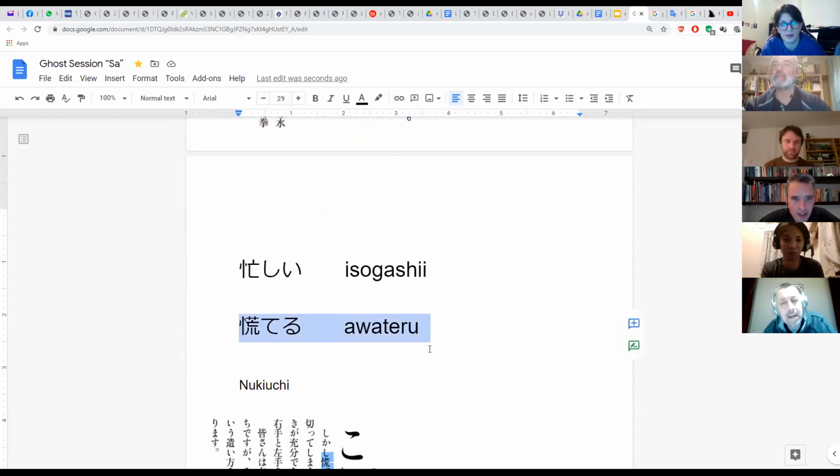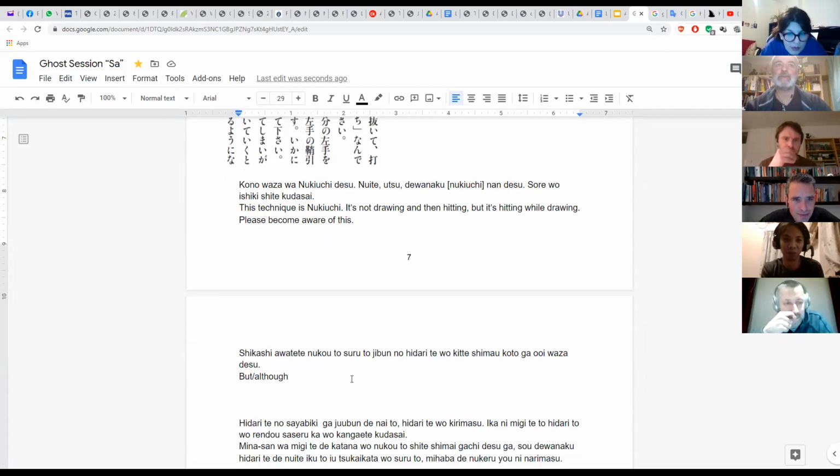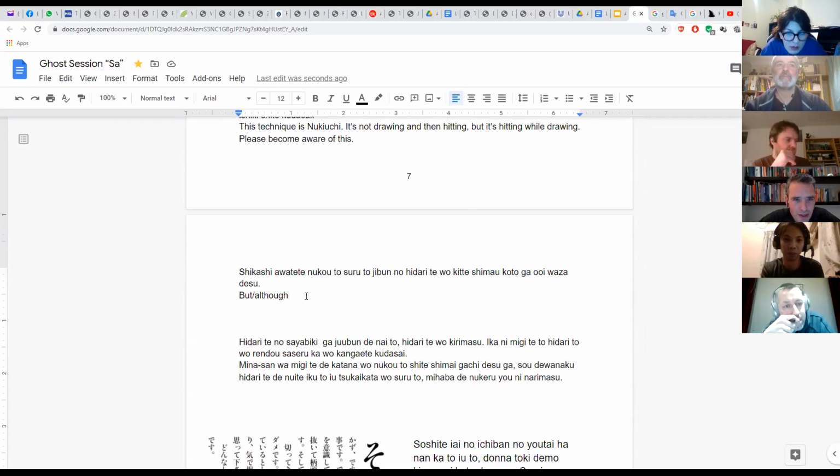Awateru, to become panicked and confused. This is the plain form of nukimasho, to draw, to have this as a volition. Read the rest of it, and you'll probably understand what he means.